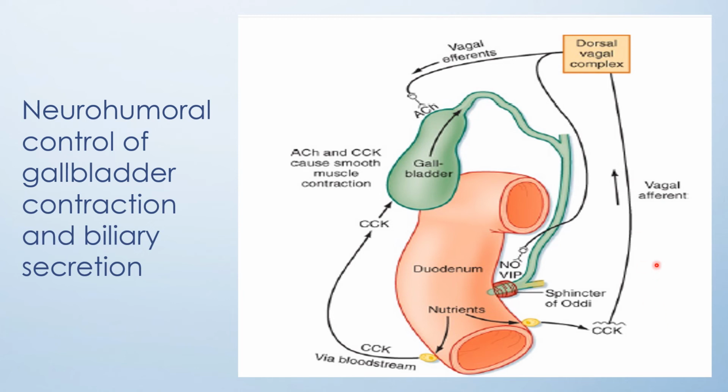Simultaneously, from the dorsal vagal complex, it will release two other mediators, nitric oxide and vasoactive intestinal peptide, that will relax the muscles of the sphincter of Oddi in this part of the duodenum.